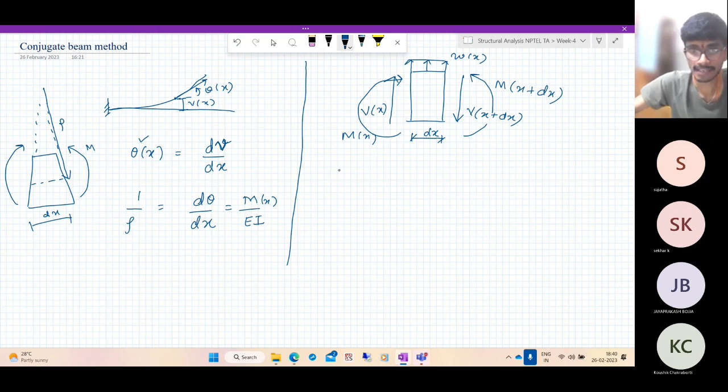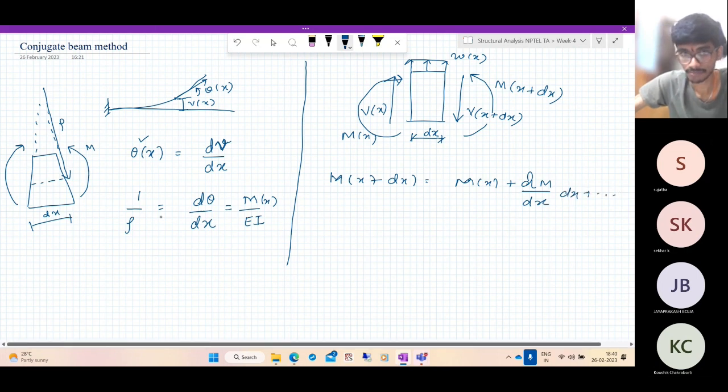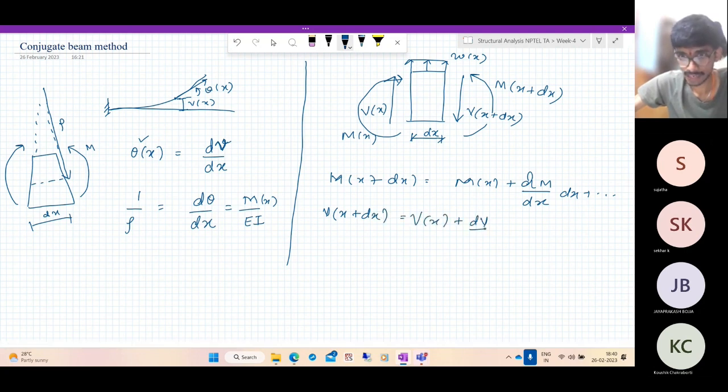Now we can always expand it in Taylor series. So m of x plus dx is m of x plus dm by dx dx and higher order terms. Similarly, v of x plus dx is v of x plus dv by dx dx plus other higher order terms.